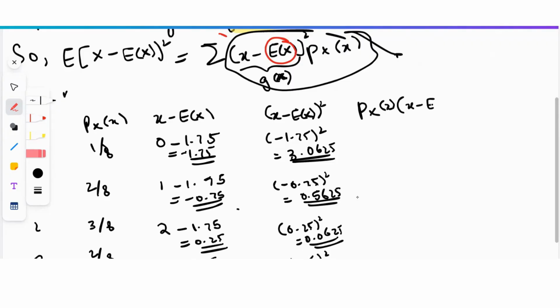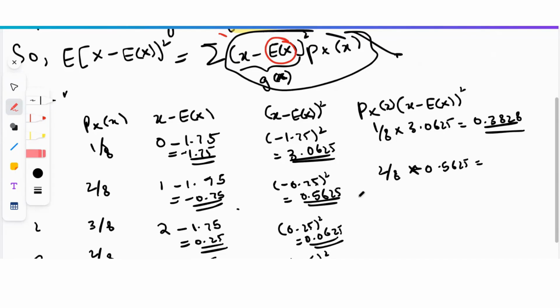So it's x minus expected value of x squared, right? So now I just multiply. I know for this value of x, this is this. So it's 1/8 into 3.0625. This turns out to be 0.3. Right, and this is just 2/8 into 0.5625. This just turns out to be 0.1406.